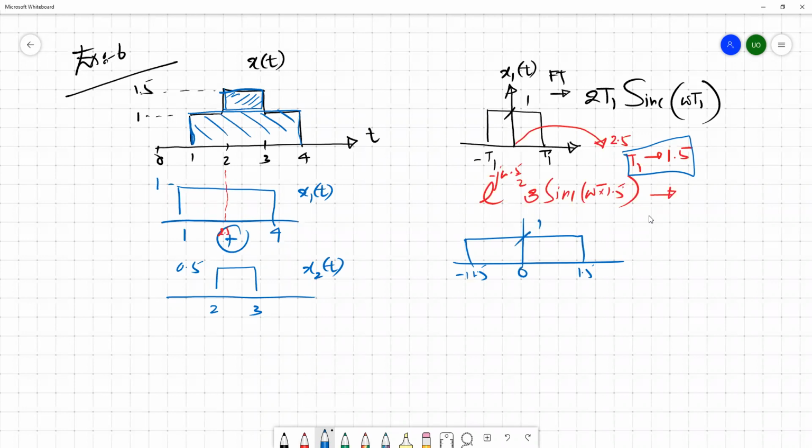Then if you add a time shift, this moves to 2.5. So then this is 2.5, this is actually 4, this is actually 1, this is 0. This shift you can accommodate using this e to the power quantity.